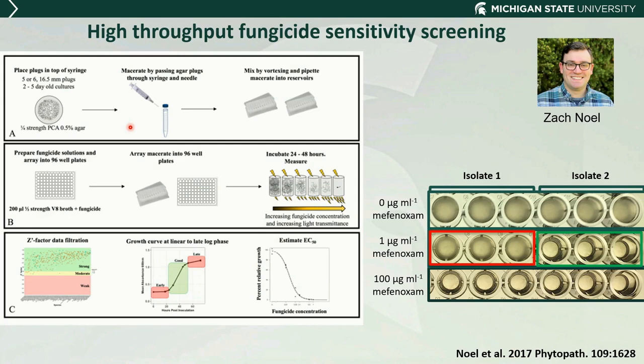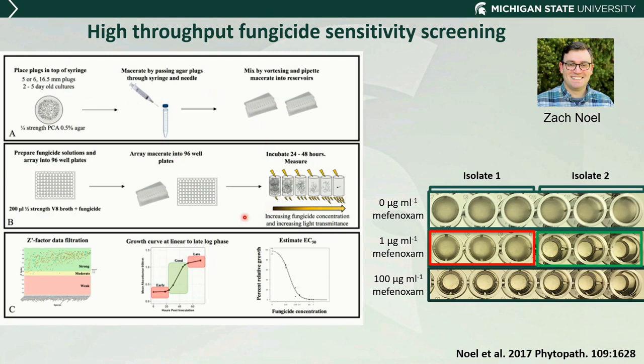That takes a lot of plates and a lot of media and a lot of time to produce all the plates, transfer everything over, and then take the results down. So what Zach did was he developed an assay that uses these small 96 well plates that you can essentially do the same thing, but with many isolates at one time and using a lot less space and resources.